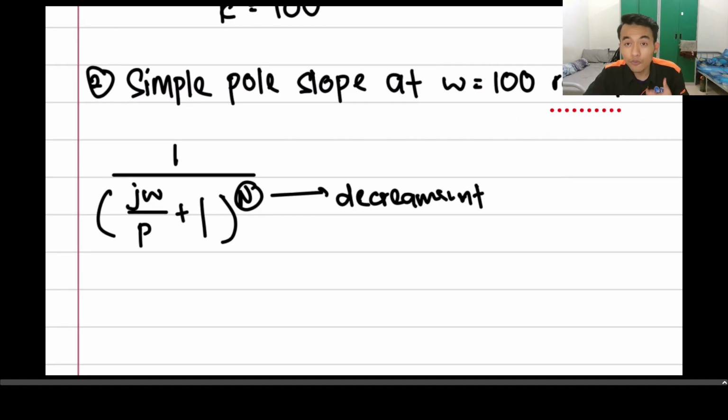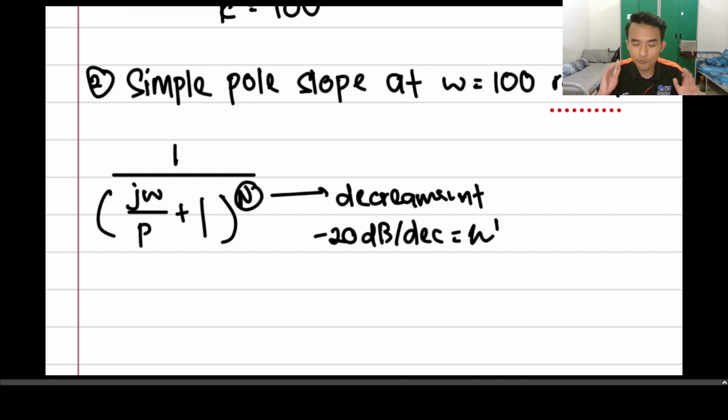If the decrement is 20 dB per decade, the power will be 1. But if the decrement is 40 dB per decade, the power will be 2.